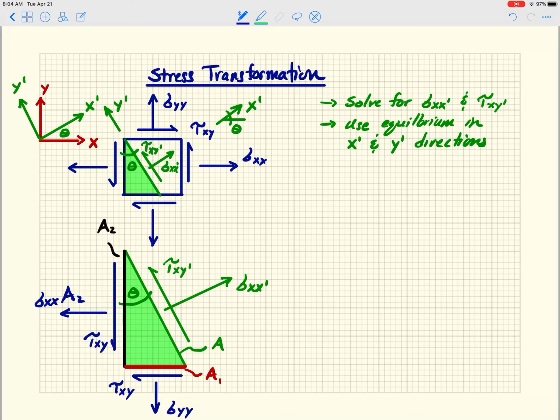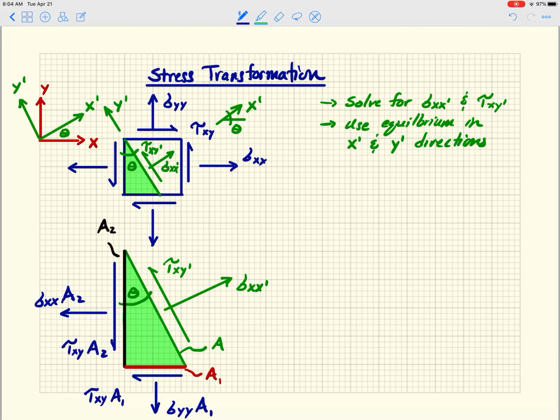Tau xy is also acting on area 2. I need to leave myself a little more room here. So this is tau xy times area 2. Then this tau xy down here is tau xy times area 1, and this is sigma yy times area 1.